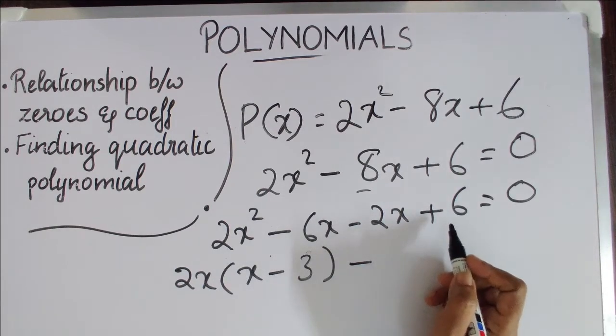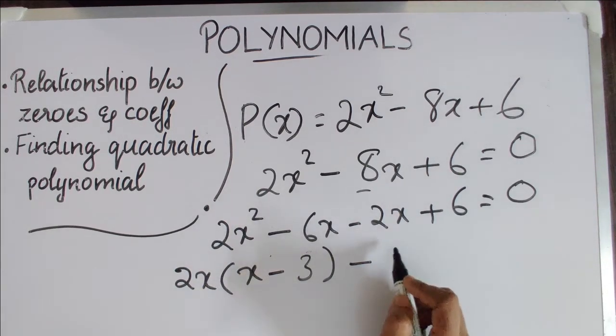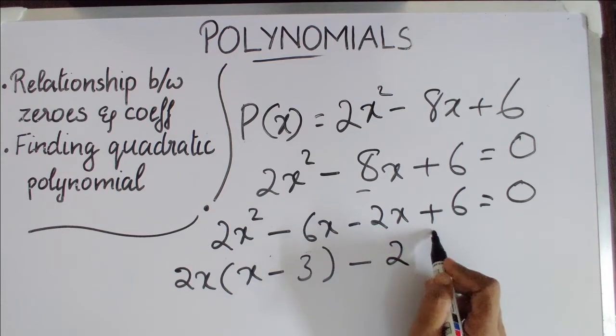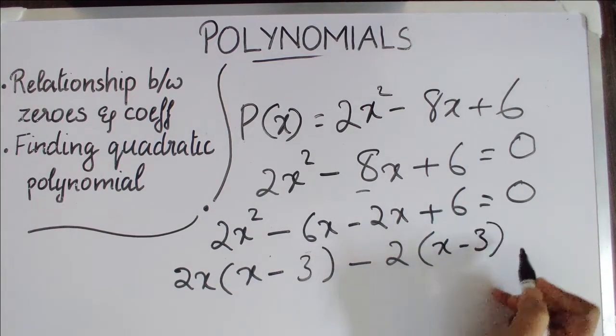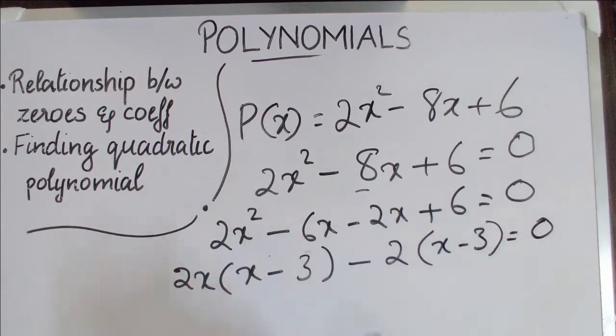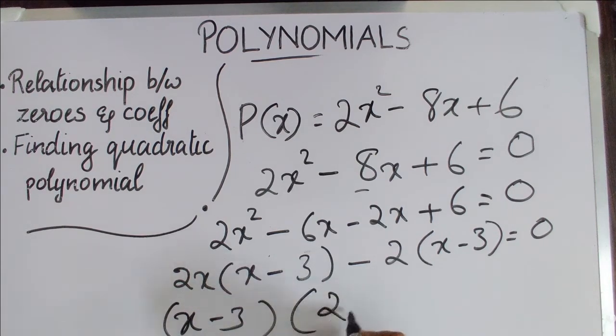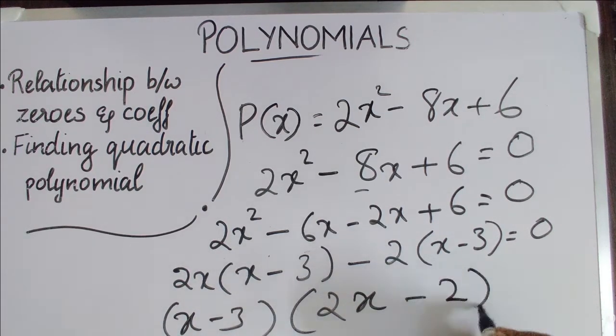From the last two terms we take outside minus 2, then we get x minus 3 equal to 0. Here x minus 3 is common in these terms. Then taking outside this x minus 3, we get x minus 3 into 2x minus 2 equal to 0.